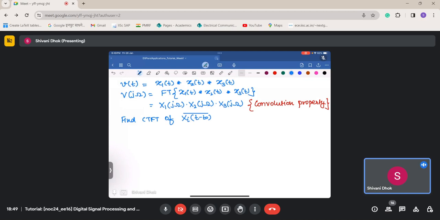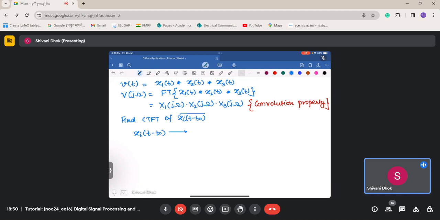This we'll do in two steps. First we'll find the Fourier transform of xi of t minus t naught, then we'll take its conjugate and find its Fourier transform. So let us first find the Fourier transform of xi of t minus t naught.